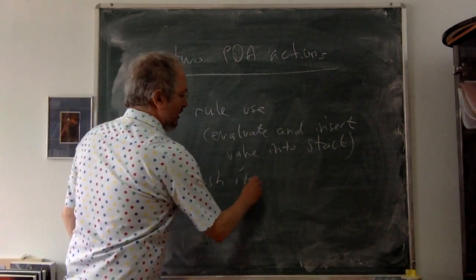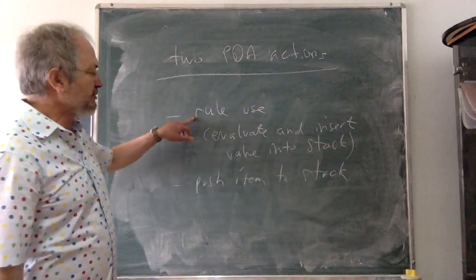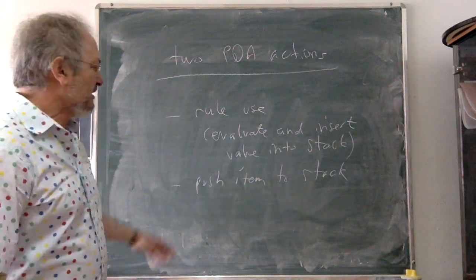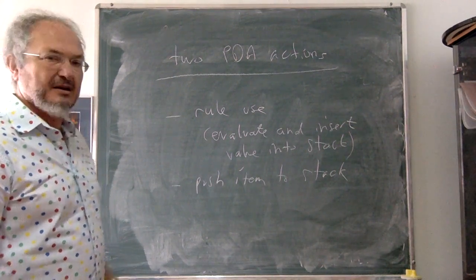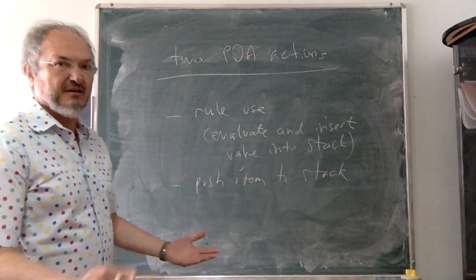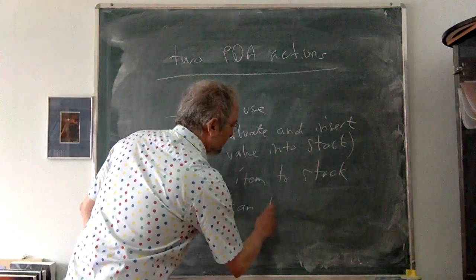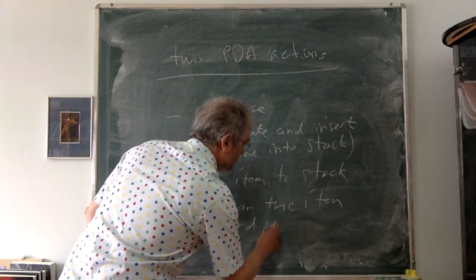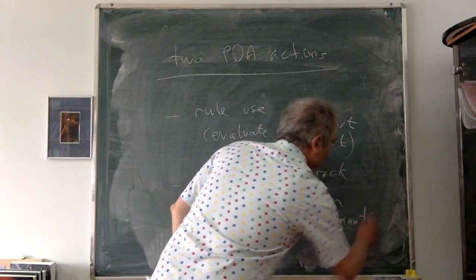Push item to stack. So rule use means you have a rule that projects up. When you push lexical items, symbols onto the stack, in the surface string, they don't have meanings represented with them, right? So they just have the form. So scan the item and push its semantics into stack.